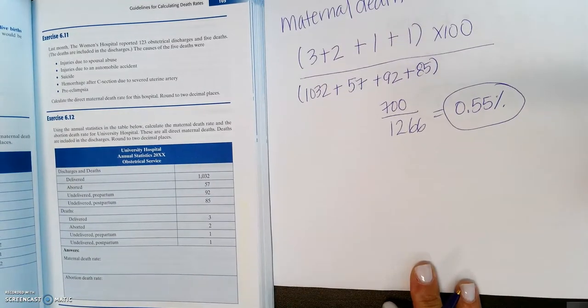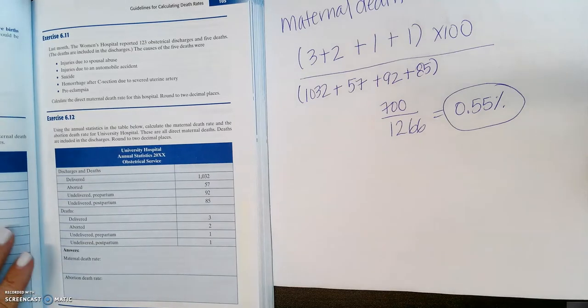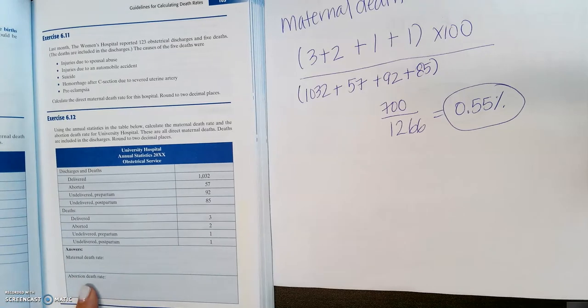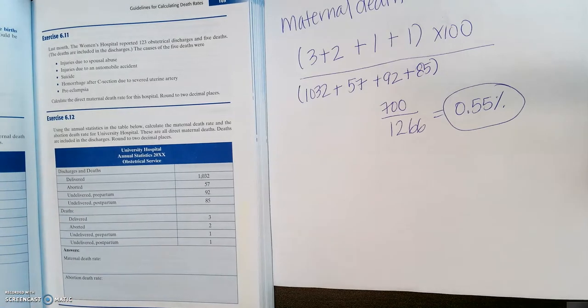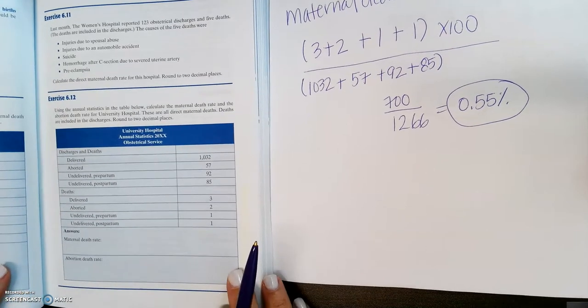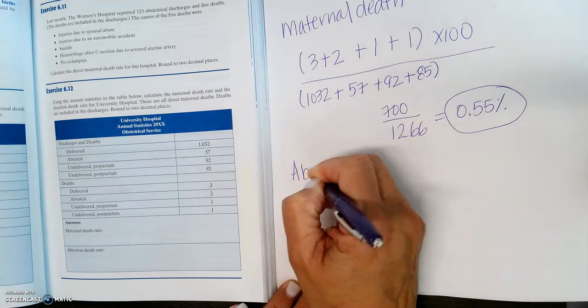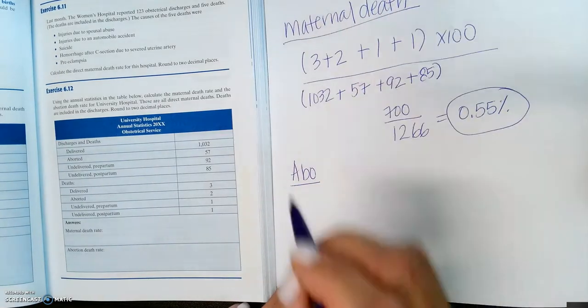Let me scoot this up, and we're going to talk about the abortion death rate. Did you see a formula for an abortion death rate in this chapter? No, you didn't. So this is where you would employ actual over potential. Because remember we talked about that before, that you can take really kind of any of these categories and calculate the death rate using actual over potential. So we're going to use the abortion.